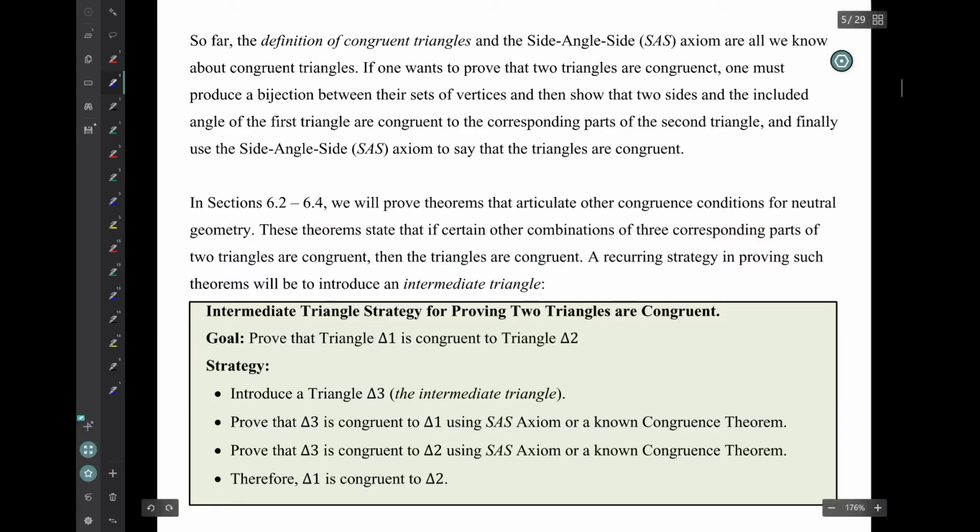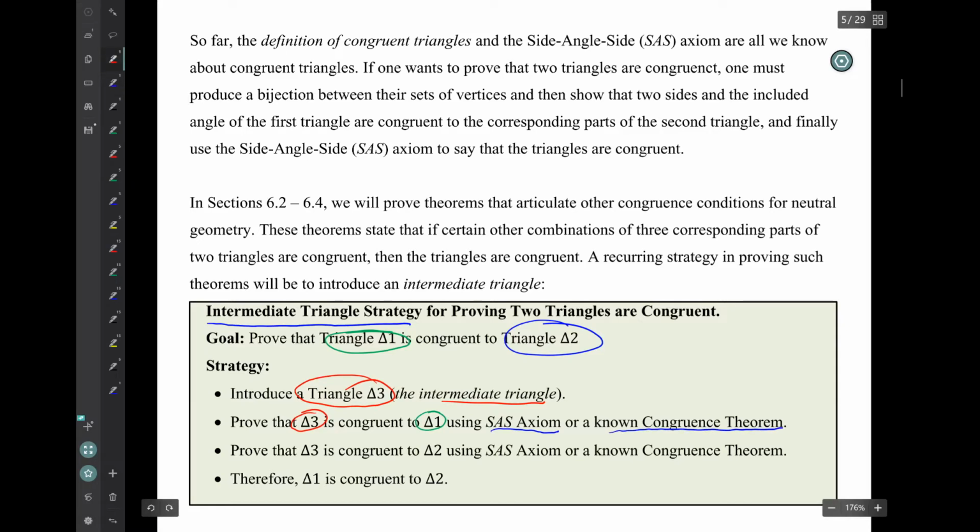are congruent. A recurring strategy in proving such theorems will be to introduce an intermediate triangle. The intermediate triangle strategy is the following. If the goal is to prove that some triangle 1 is congruent to some triangle 2, then the strategy is first introduce a triangle called triangle 3, which is referred to as the intermediate triangle, and then prove that triangle 3 is congruent to triangle 1, using either the side-angle-side axiom or later, if you know some other congruence conditions, you can use them.